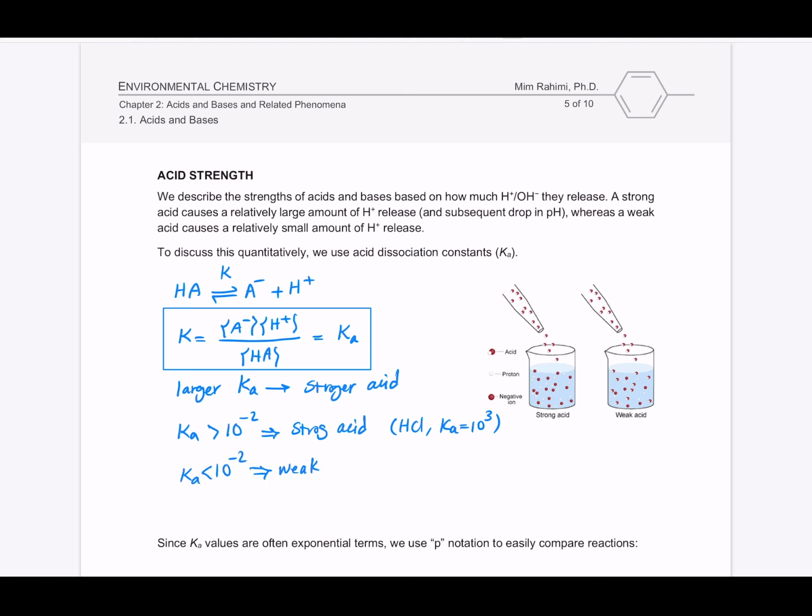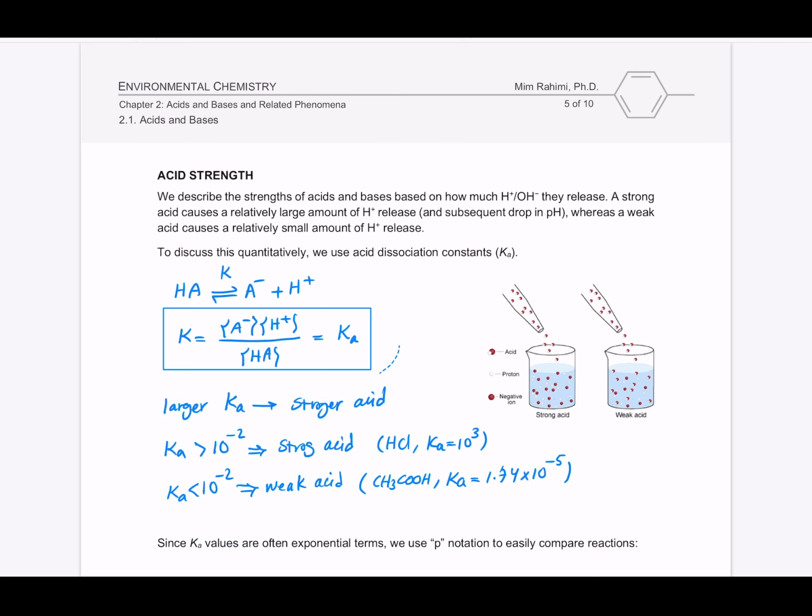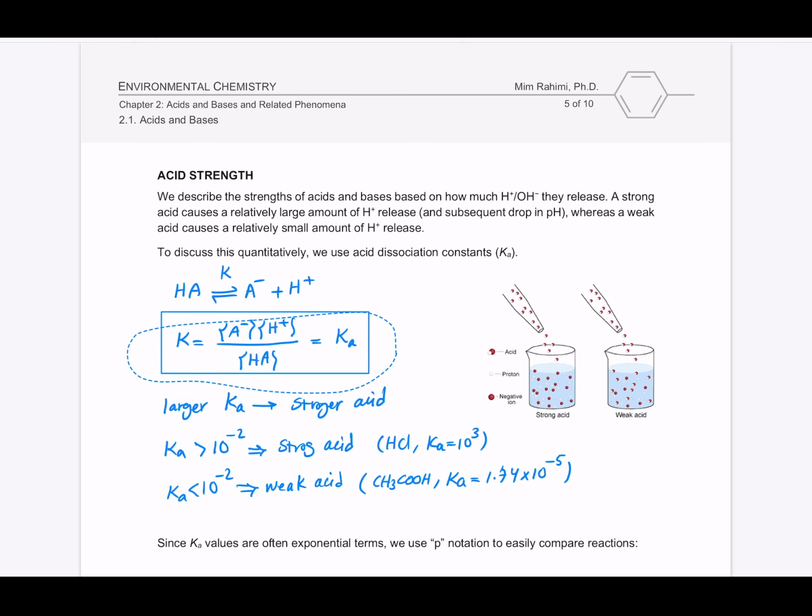For example, for the acetic acid we talked about, Ka would be 1.74 times 10 to the minus 5. So you see a significant difference. Acetic acid doesn't want to deprotonate, but HCl favors the reaction proceeding toward deprotonation.